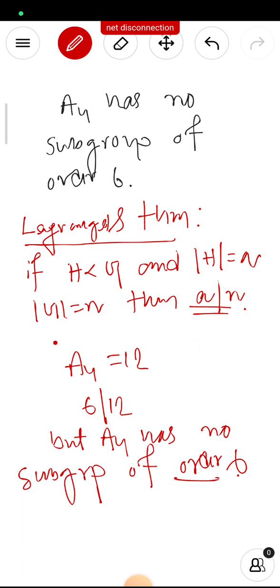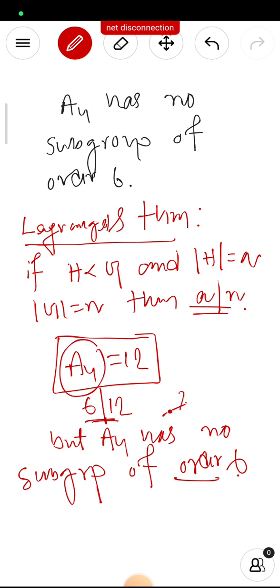See here, the group A4, the order is 12, and we know that 6 divides 12, but we already proved that in A4 there is no subgroup of order 6. That is, the converse of Lagrange's theorem is not true. That is our observation.